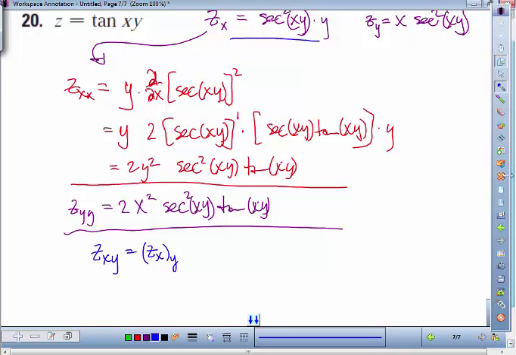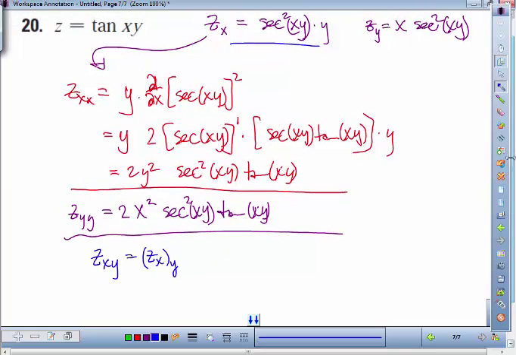Do you notice anything? Aside from it's going to be hard. Okay, so we're going to take the derivative of this with respect to y. Secant squared xy times y. We want to take the derivative of this thing with respect to y.